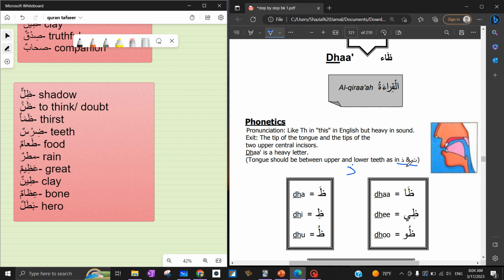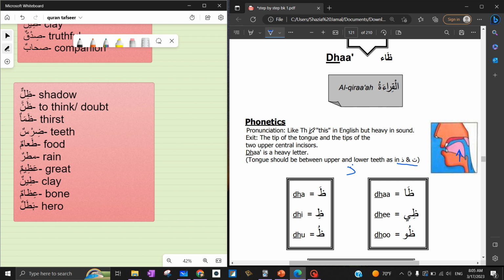The tip of the tongue was in between the upper incisors and the lower incisors, and we spoke the letter dal and tha. Now the position of the tip of the tongue will be the same, but what will be the difference? Since it is a heavy letter, in order to make a letter heavy, you raise the tongue and the letter gets a heavy sound.